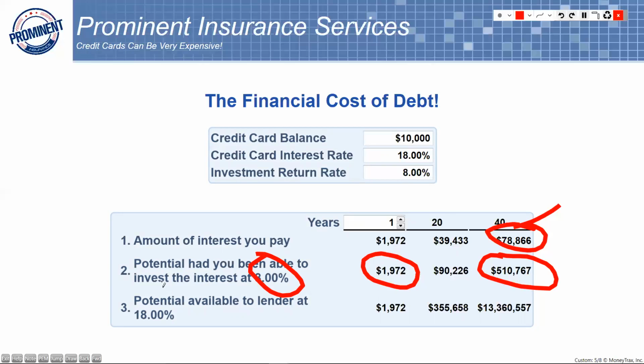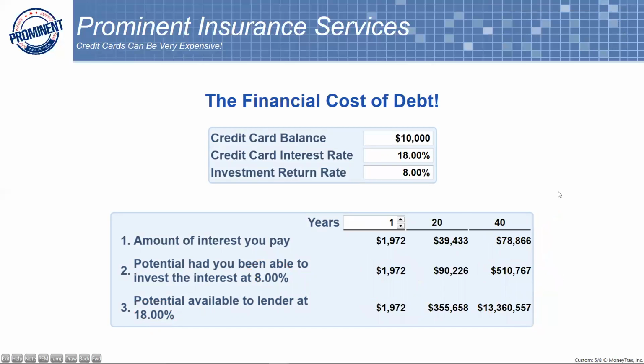And that same $1,972 at 18% over 40 years, that's why they love credit cards even more. It just shows you that debt could be a heavy cost if you're not utilizing it properly.